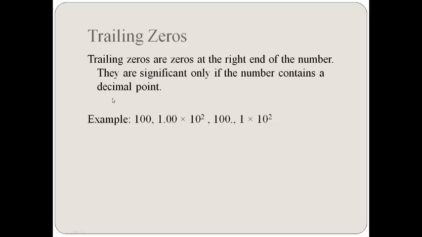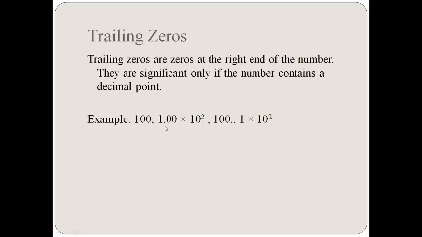This part is really important, because they are significant only if the number contains a decimal point. For the first one, we have 100. These two zeros are trailing zeros, and since there is no decimal point in this number, we have only one significant figure in the first example.